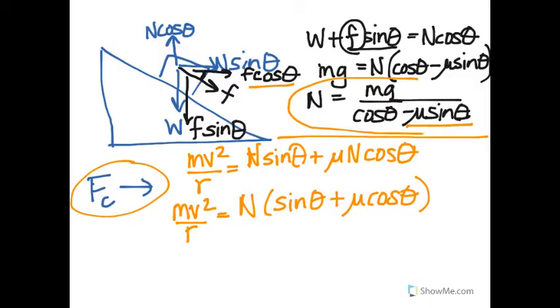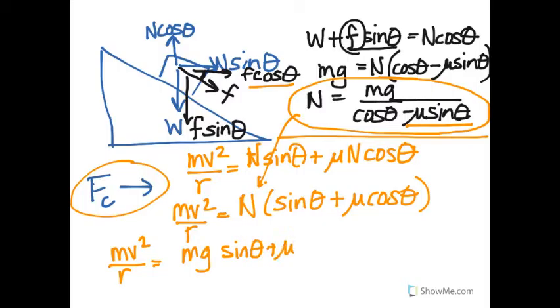And now I'm going to take this normal force that we found and stick it in here. So I get mv squared over r equals mg sine plus mu cosine divided by cosine minus mu sine.